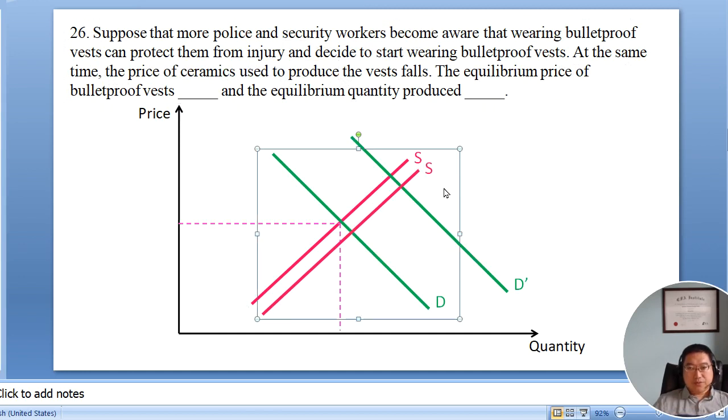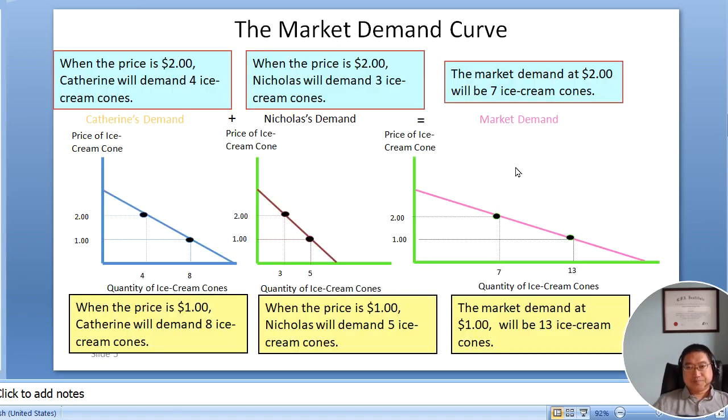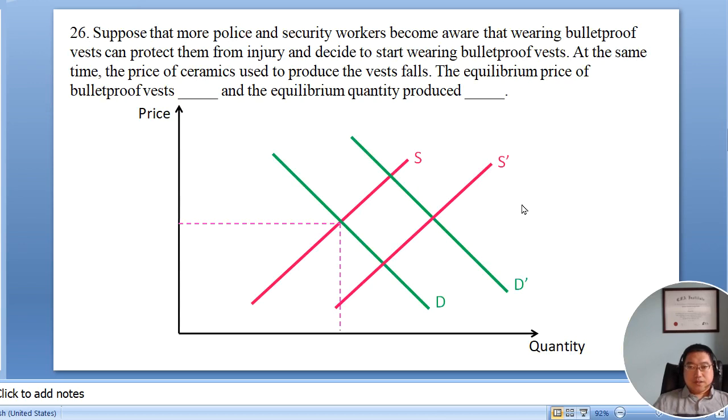Then supply will do what? Supply will also move out to the right. This is the new supply curve. And then what do we know about the equilibrium? The equilibrium moves out to here. In this example, we see a slightly higher price and certainly higher quantity.